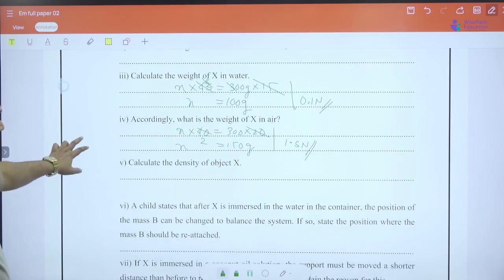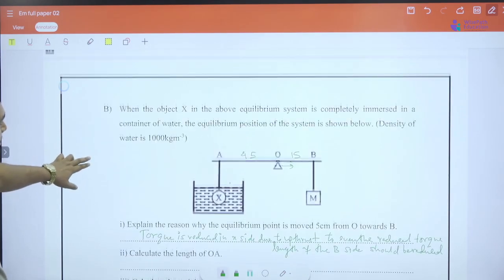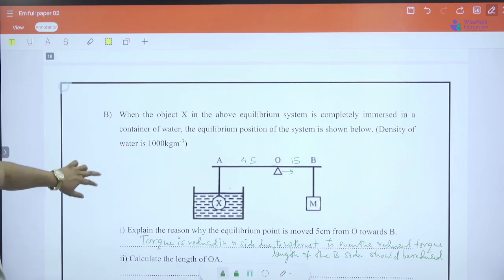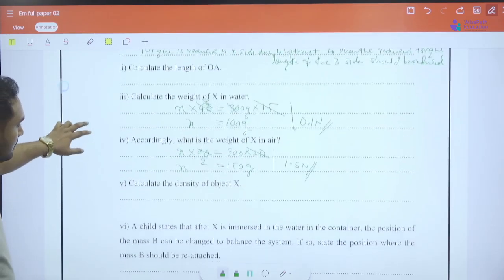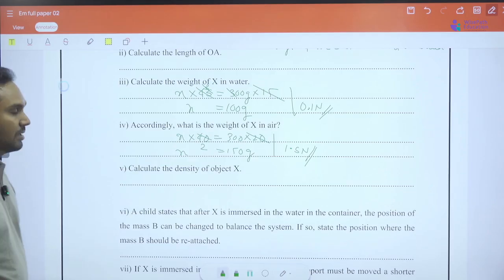Calculate the density of the object X. Now you have the weight, but what is the volume given? No, you have to calculate the volume. How? Because the density of the water is given, you have to equate it to the upthrust. Now you know the weight of the object. Now how much is the upthrust?